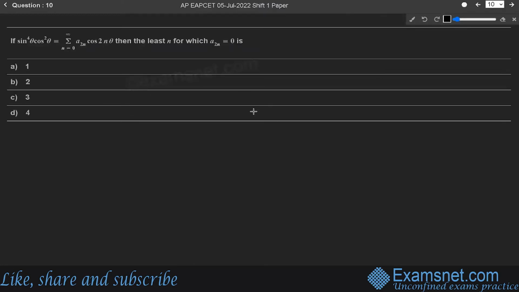Next question: if sin⁴θ cos²θ is equal to the summation of n equal to 0 to infinity of a₂ₙ cos 2nθ, then the least n for which a₂ₙ is equal to 0 is. We have to find the least value of n here.